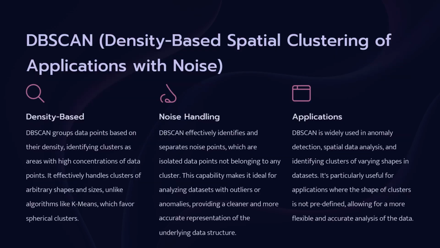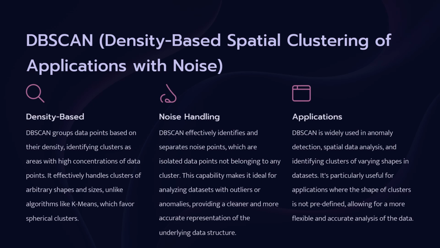And so moving on, we have DBSCAN, also known as density-based clustering. Or if you want to be fancy, you can go with density-based spatial clustering of applications with noise. Ooh, mouthful. Anyways, this algorithm identifies clusters as dense regions separated by areas of lower density. It has two key parameters: epsilon, which defines the neighbor radius, and minimum points, which is the minimum number of points needed to form a dense region.